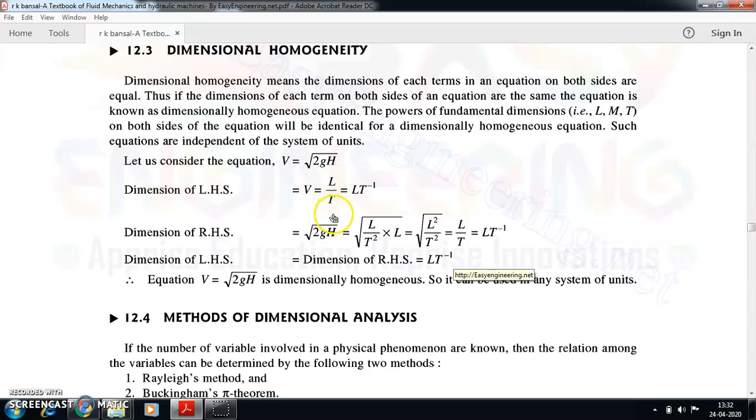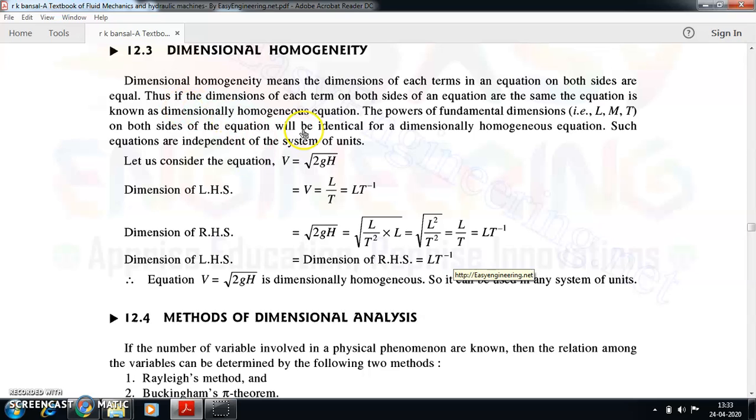Similarly, velocity is also L by T. So your left hand side variable, when written in terms of fundamental dimensions, was equal to the right hand side variable's fundamental dimension entities. So the equation which you have written has dimensional homogeneity, or it satisfies this particular homogeneity. That's why you can call this equation a homogeneous equation with respect to dimensional entity.